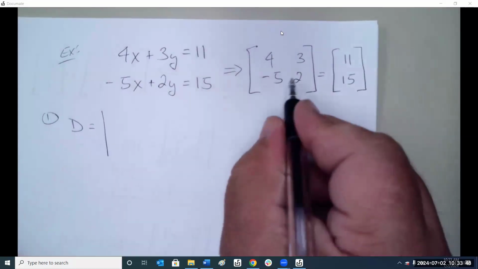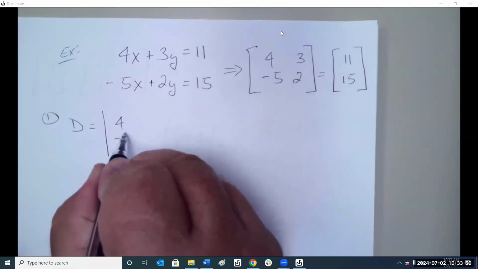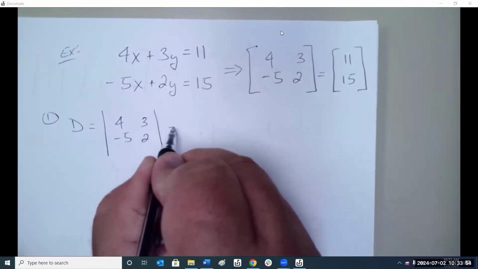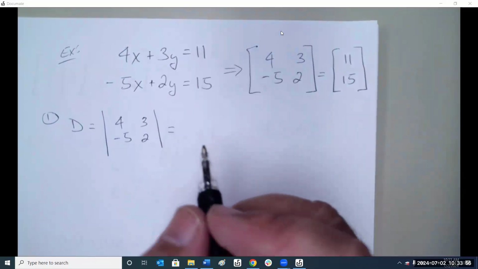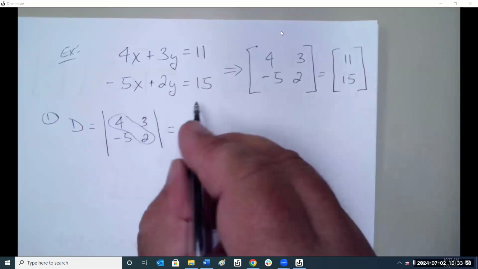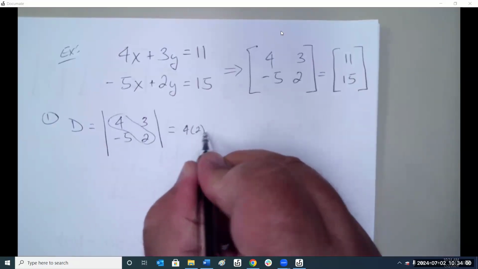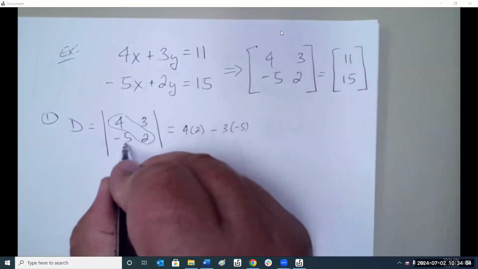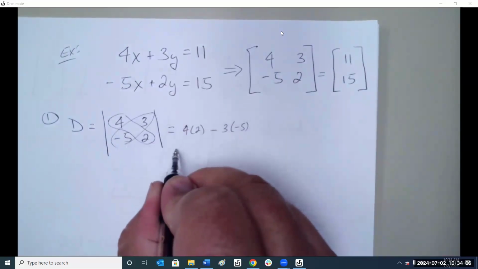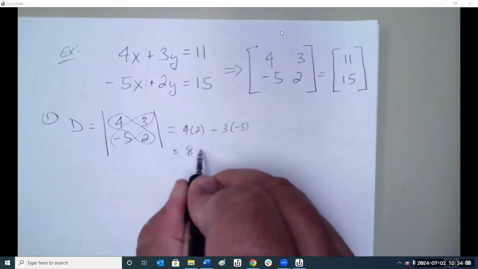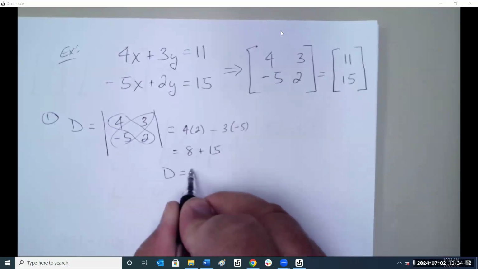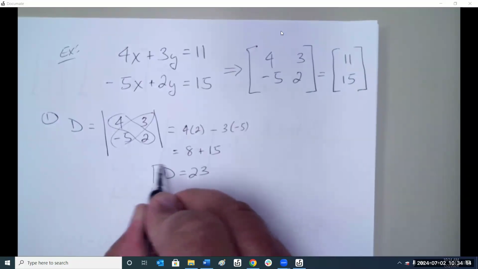First, just find D. Take the original one. So it's 4, negative 5, 3, 2. 4 times 2, 3 times negative 5. 8 plus 15. D is 23.